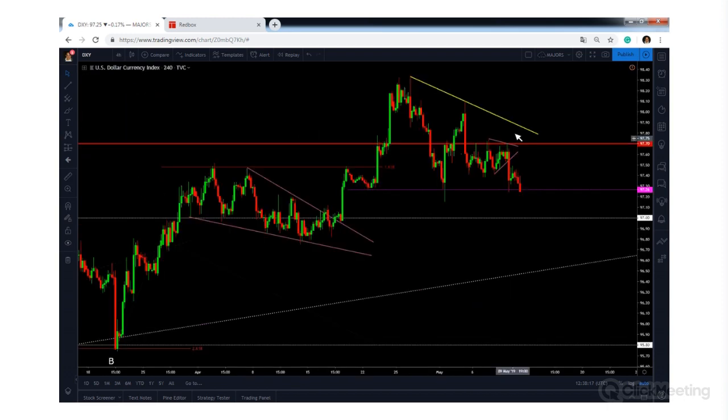Okay, that's it. So if we break to the downside, the next level that we need to focus on is the 97, which is this zone of previous resistance. It's high volume trading inside this wedge, before we moved and broke the 97.70. So the 97 is a level to be looking at.